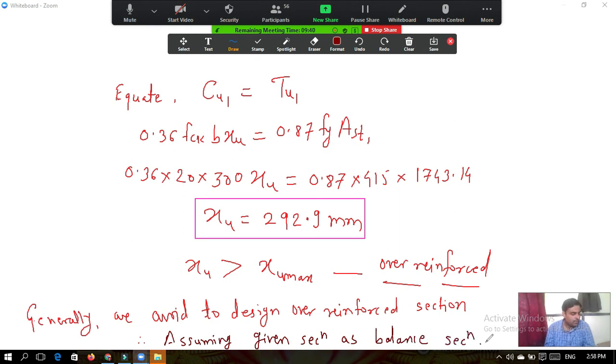Now, if the balanced section is there, what is the formula to calculate MU?